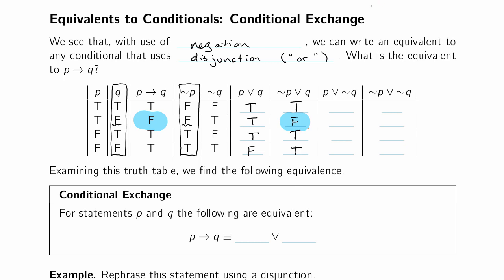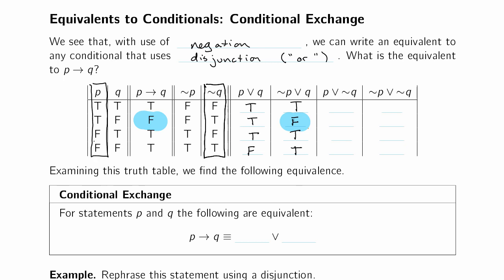Just to make sure, let's check the other two. P or not Q, we want to look at these two columns, and that's going to be false when P and not Q are both false, and true the rest of the time.